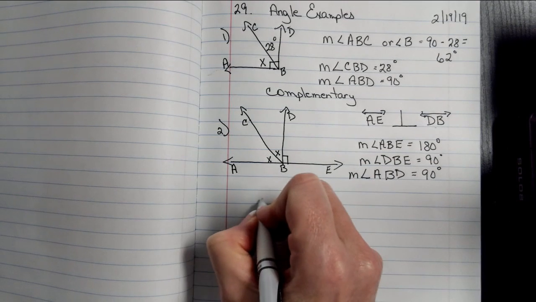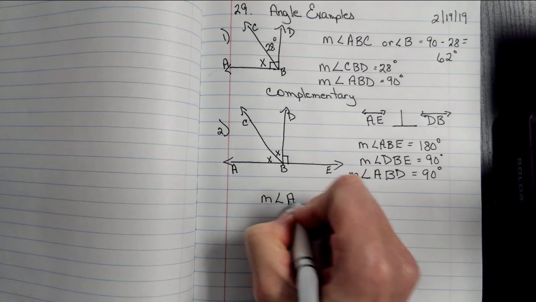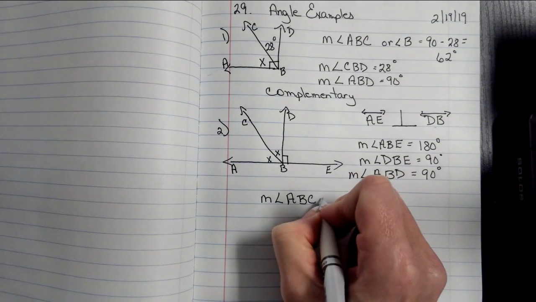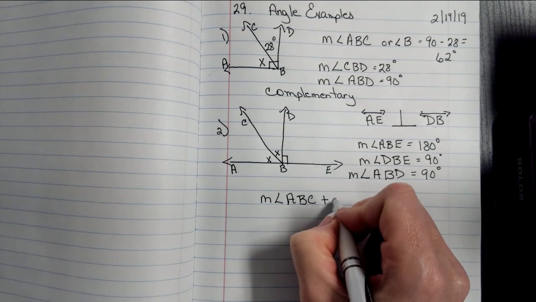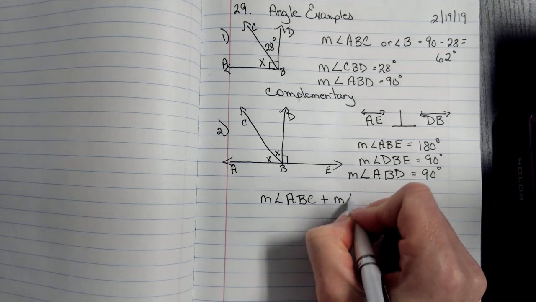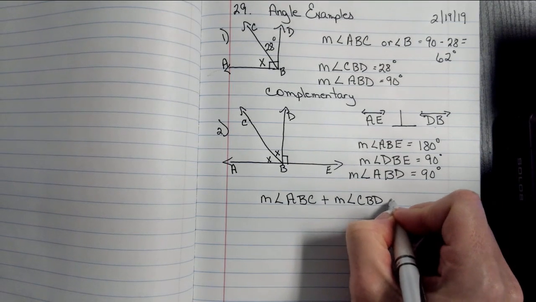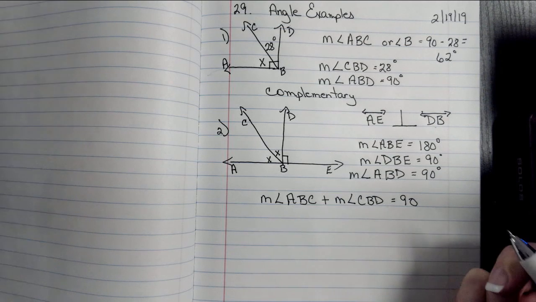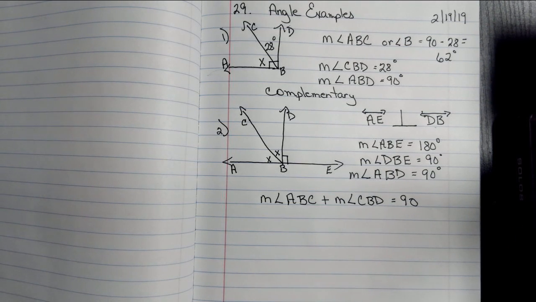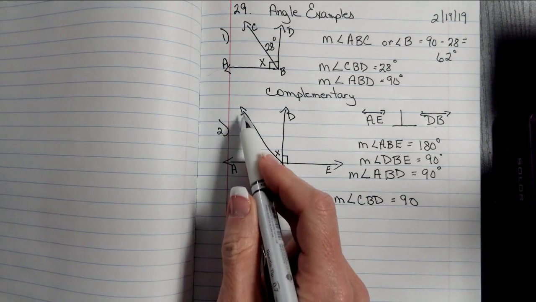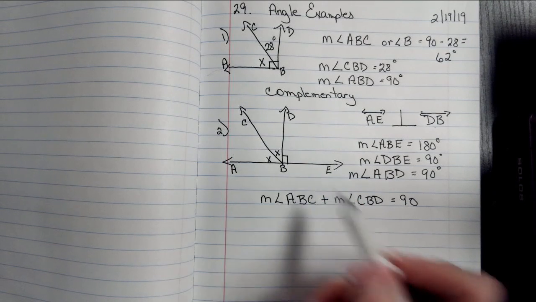Now, would it make sense if I said that the measure of ABC, so I'm looking right here, plus the measure of angle CBD equals 90? Would you agree with that? Yes, that angle plus this angle measures 90.